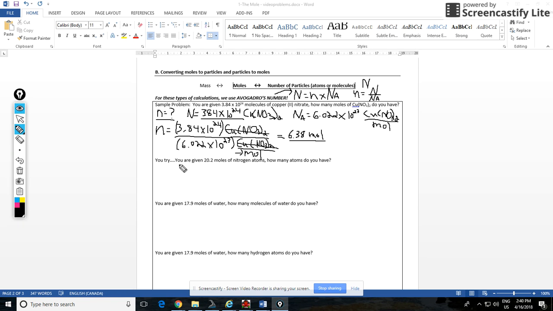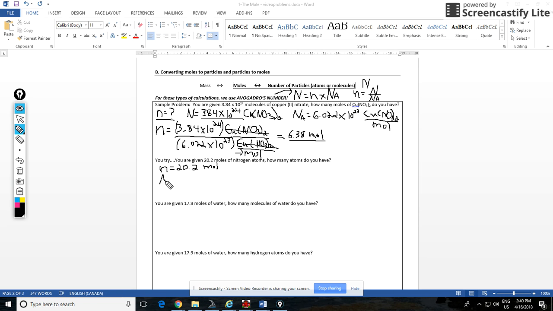Here we have another example. You're given 20.2 moles of nitrogen atoms. How many atoms do you have? So you're given the number of moles. You're given little n. Write that down, 20.2, and write your unit down, mole.